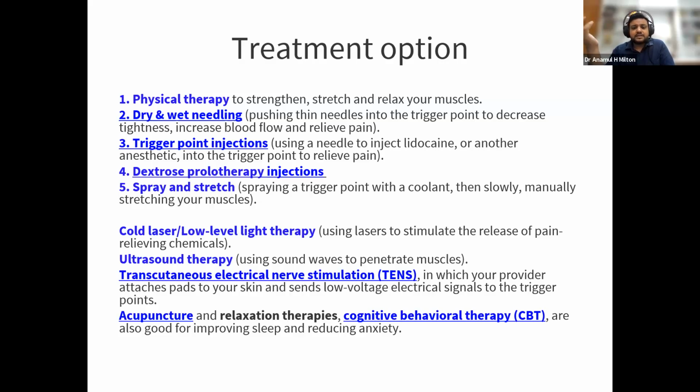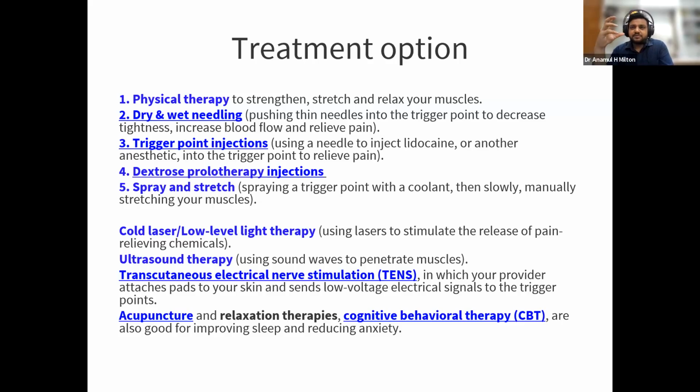Another is spray and stretch of the muscles. This forceful stretching over the trigger point causes loss of the trigger point.